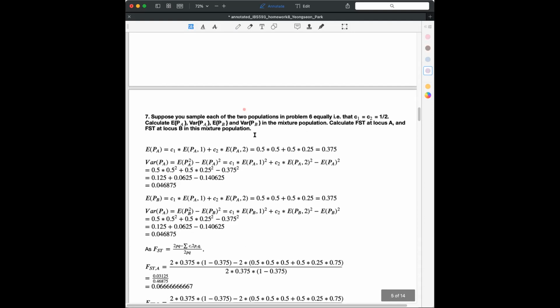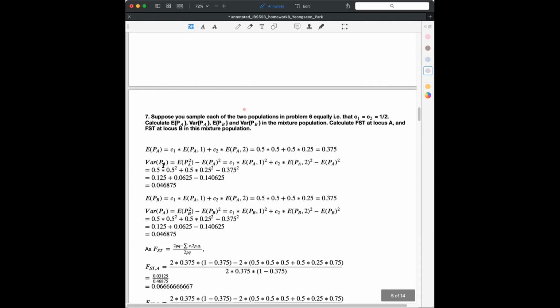So it's going to be 0.5 times 0.5 plus 0.5, which is from C2, times 0.25, which is the frequency of A allele in population 2. So that's going to be 0.375.